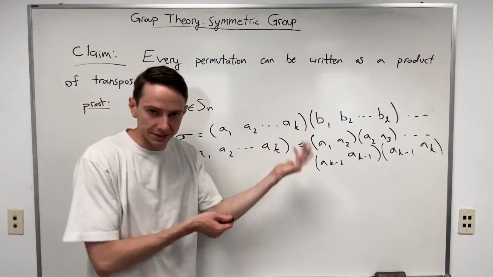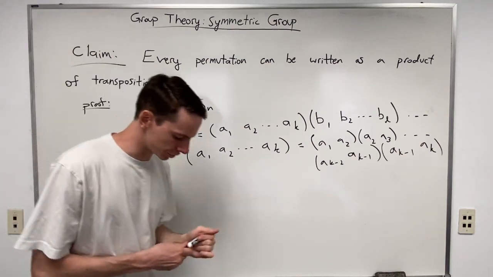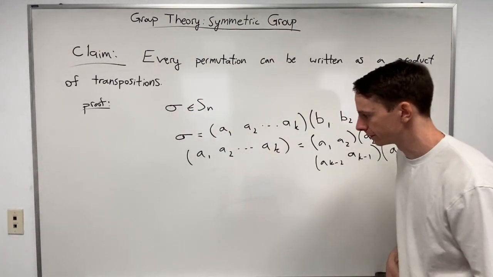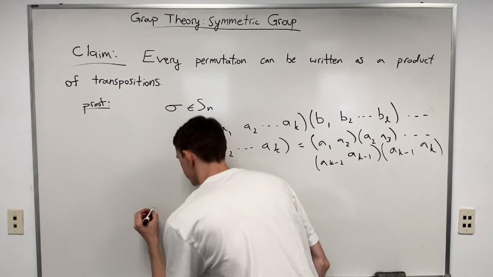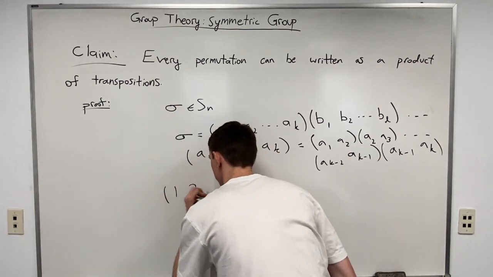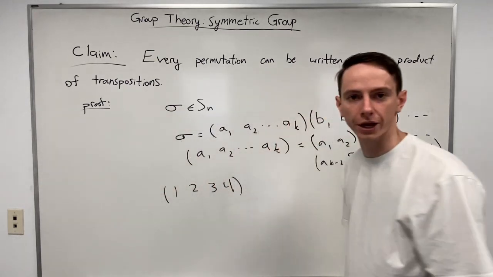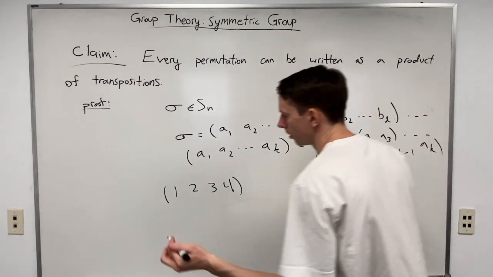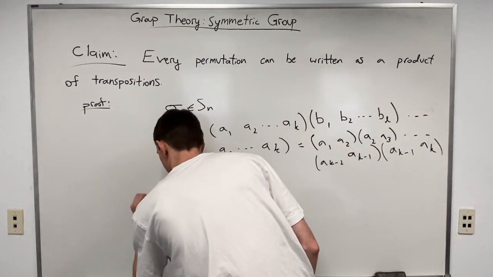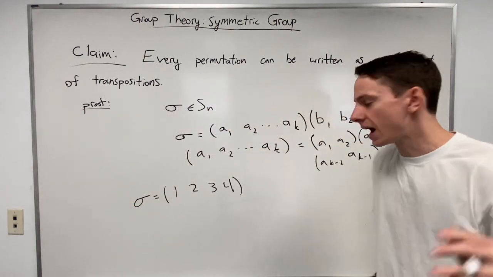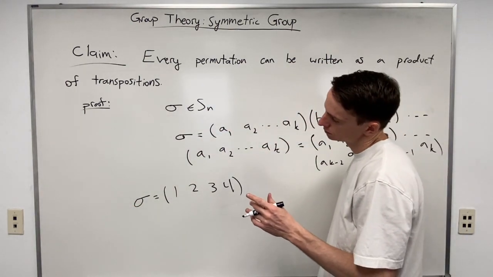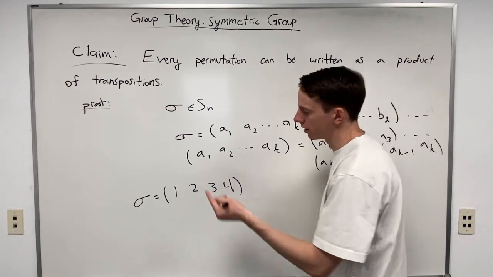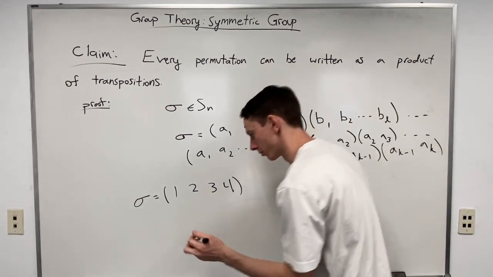Now, this might seem a bit abstract, so let's go through a quick example to make sure this makes sense. Maybe we'll say we have a 4 cycle, (1 2 3 4), and we can call this sigma. Let's imagine acting sigma on each of these elements, 1, 2, 3, and 4.